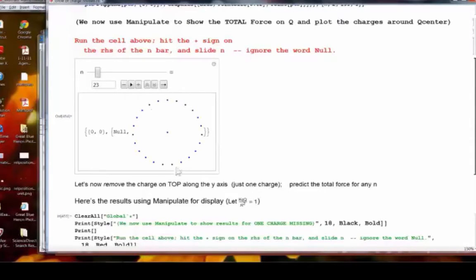Now, this ring of charge has rotational symmetry. It does not have inversion symmetry, which means that if you put a mirror up, you get the same thing. It has rotational symmetry, which means that if you rotate this in a frame of reference where you rotate with it, you can't tell the charge has changed. And that's what we call rotational symmetry.